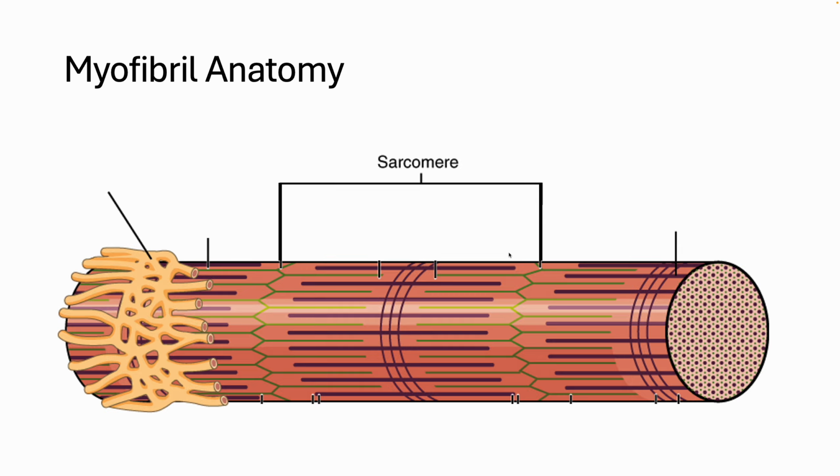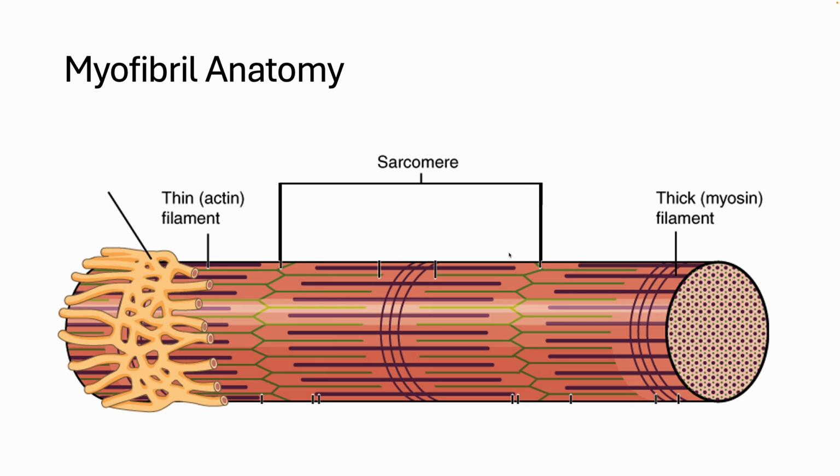The overall sarcomeres are going to be made up of thin filaments. So the thin filaments are the actin fibers, and then you're also going to have thick filaments, which are the myosin proteins.